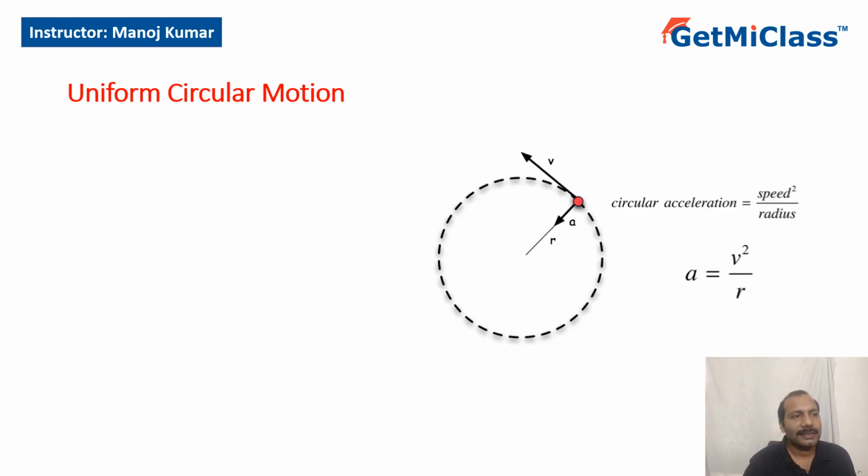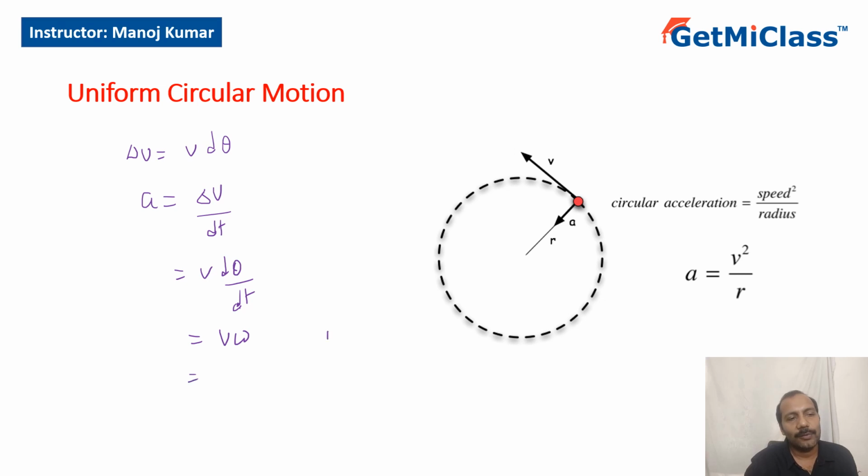So we have seen delta v equals v d theta, where v is magnitude of velocity and d theta is change in angle. Now what is acceleration? Acceleration is delta v by dt, so that can be written as v d theta by dt. Now d theta by dt is rate of change in angular position, so that can be written as omega.